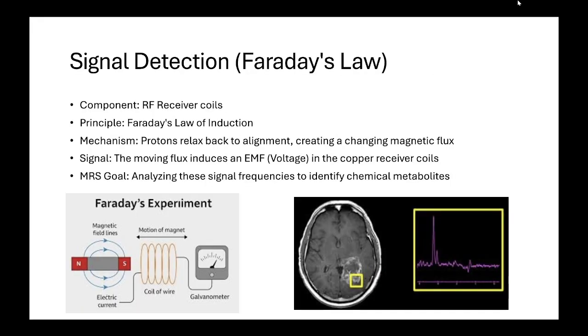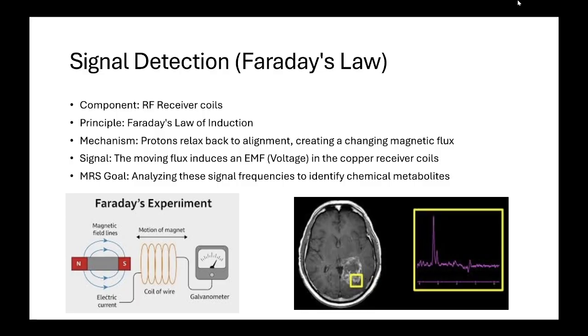And next, Faraday's law. After our radio pulse stops, the protons relax back to their original position. As they spin back, their magnetic fields move across a receiver coil, which acts like a microphone.